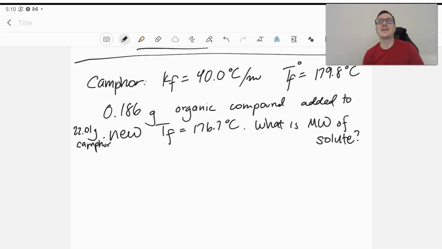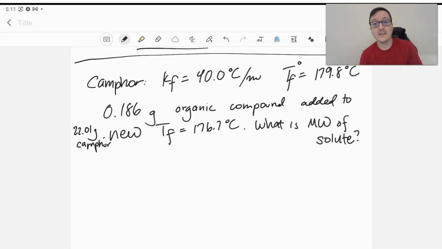If you think of a medicine smell, camphor definitely fits that bill. It's particularly useful for this type of experiment because it has a very large cryoscopic constant of 40 degrees Celsius per molal, meaning that it's very easy to see a temperature change even when we are using just small amounts of substance added to our camphor.